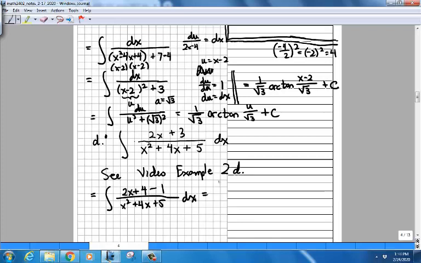Now, I'm going to split that up into two integrals. Here's the integral that I really was hoping for. And the reason I was hoping for that integral is because the derivative of x squared plus 4x plus 5 is 2x plus 4. So how are you going to integrate this? Using what technique?